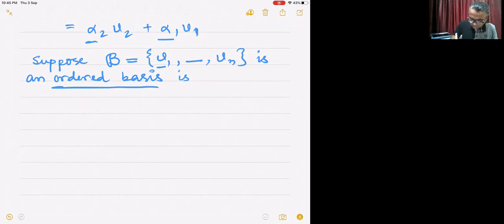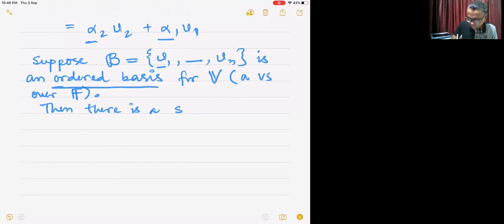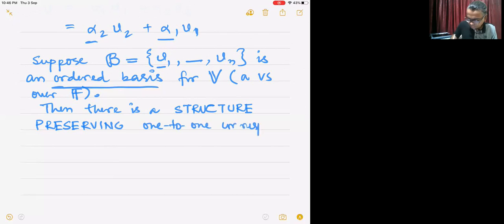Suppose B is an ordered basis for V, which is a vector space over a field F, then there is a structure preserving one-to-one correspondence between V and F to the n.